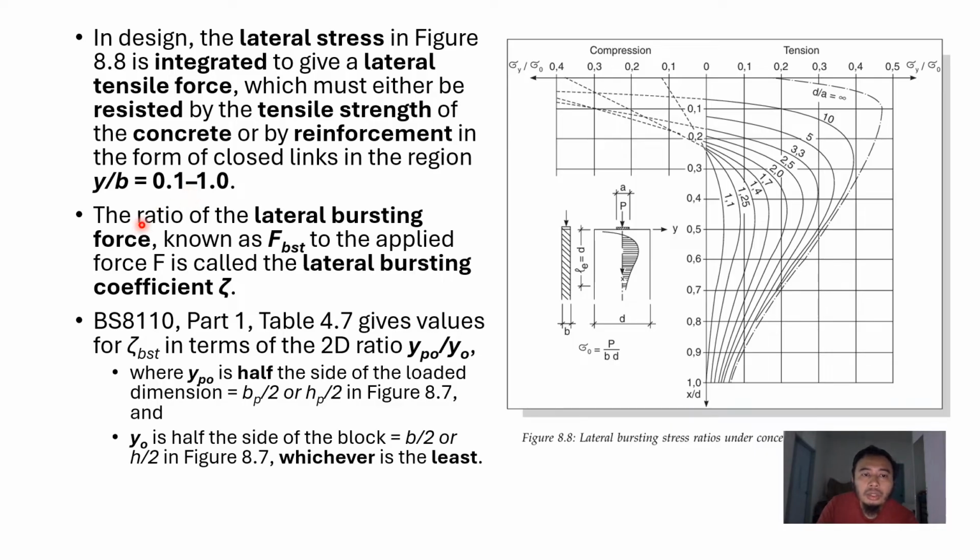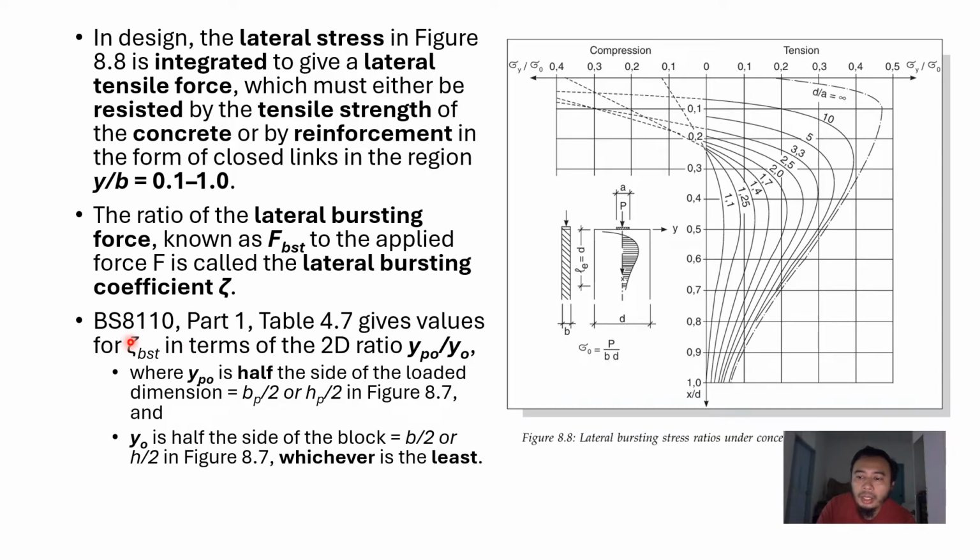The ratio of the lateral bursting force, known as FBST, F bursting, to the applied force F is called the lateral bursting coefficient. This coefficient converts your axial, vertical force to bursting force to calculate your bursting length.